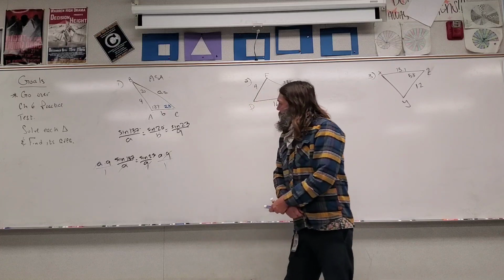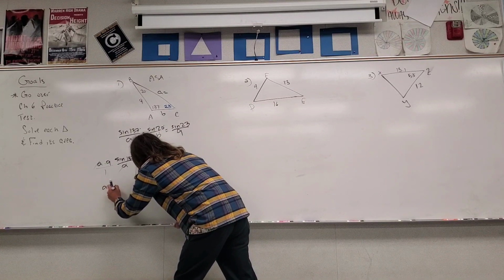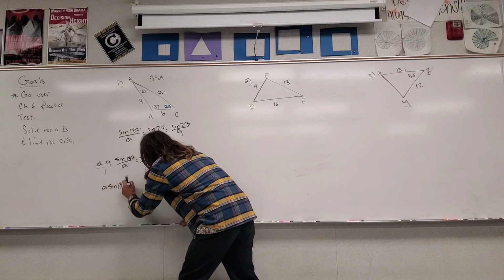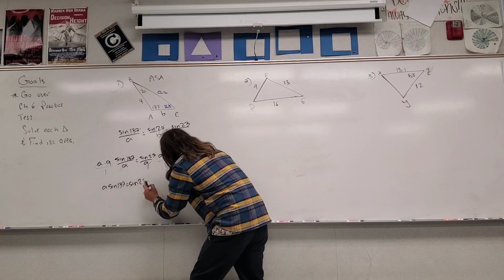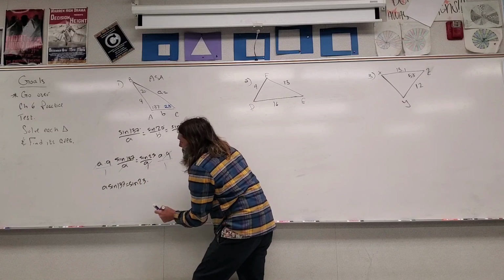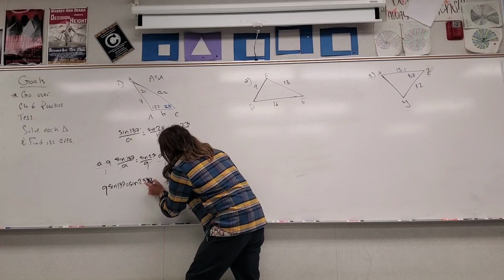So now we're left with A times sine of 137 equals sine 23 times, it's not A, it's 9, sorry, times 9.